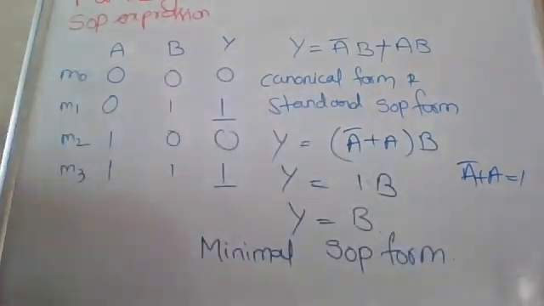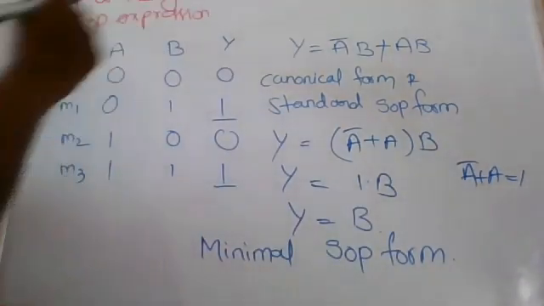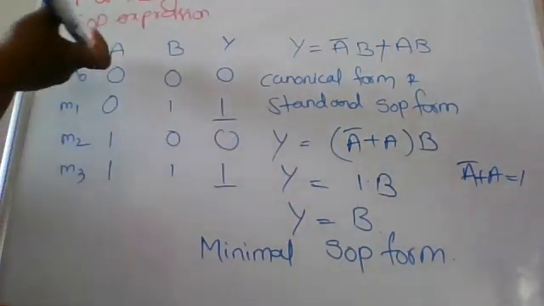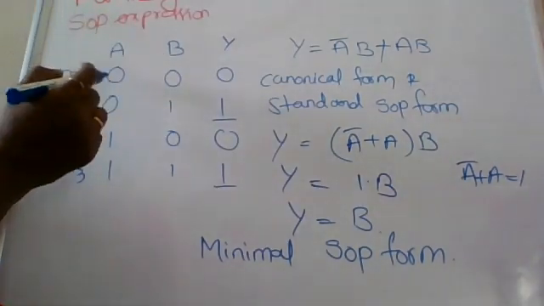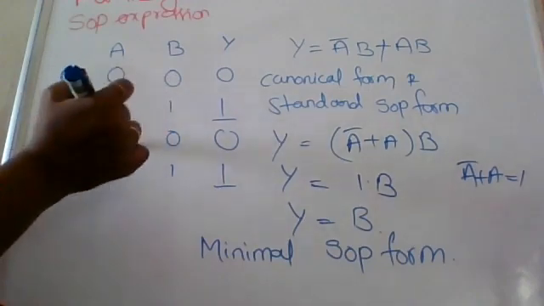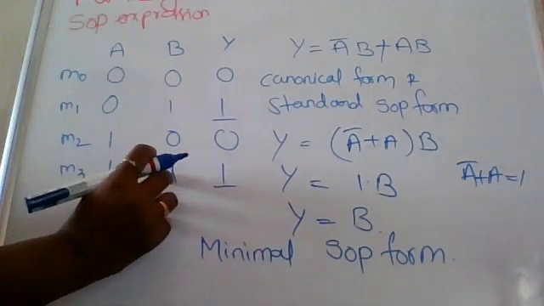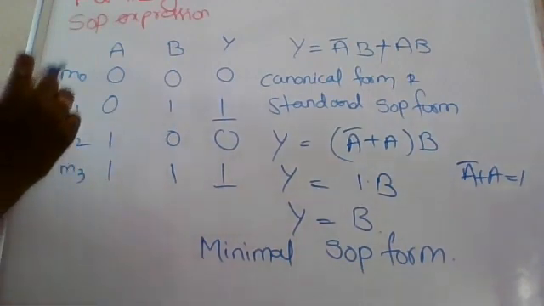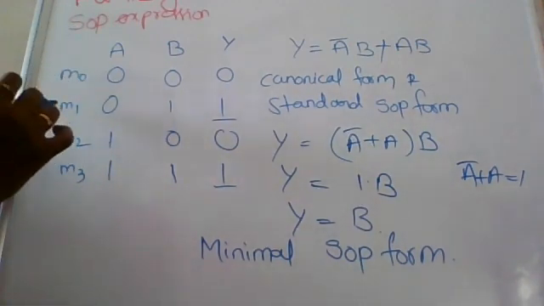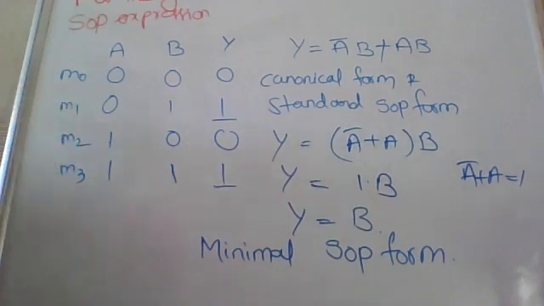So this is for the given truth table, minimize the SOP expression. This given truth table is a two variable truth table, with cases 0 0, 0 1, 1 0 and 1 1, minterms M0, M1, M2, M3.